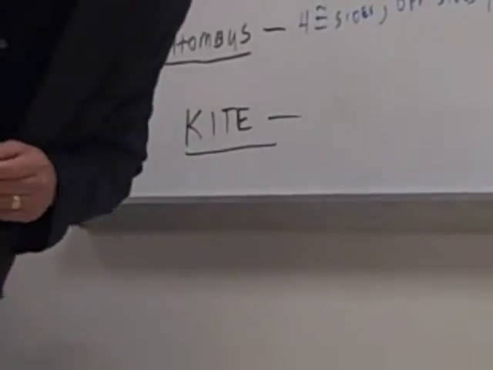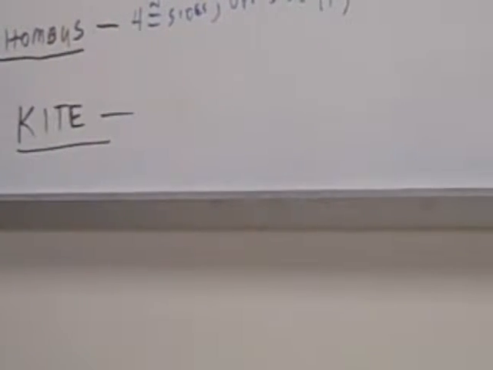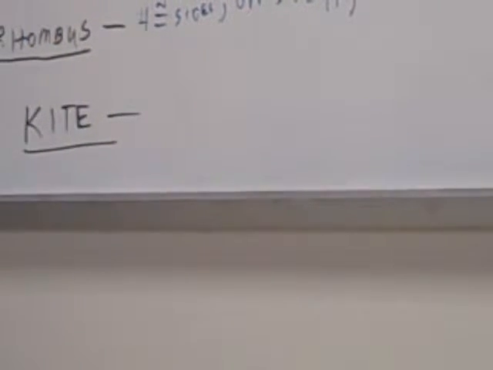In the past, I have found that elementary teachers are bad about this, and if any of them watch the video, I apologize. But a lot of elementary teachers call the rhombus a diamond.